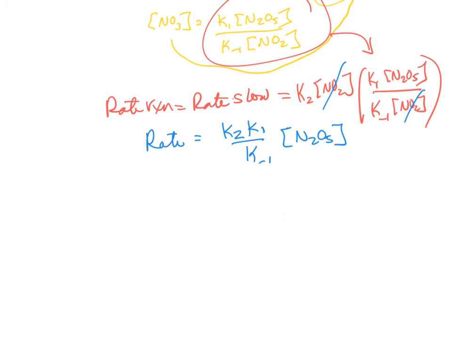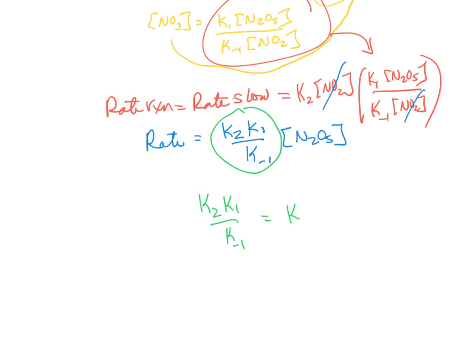The last part here is to take this combination of constants and say K2 times K1 divided by K minus 1 is equal to K. And if you think about it, K's are just numbers. So maybe K2 is 100, maybe K1 is 10. So that would be 1,000 in the numerator.